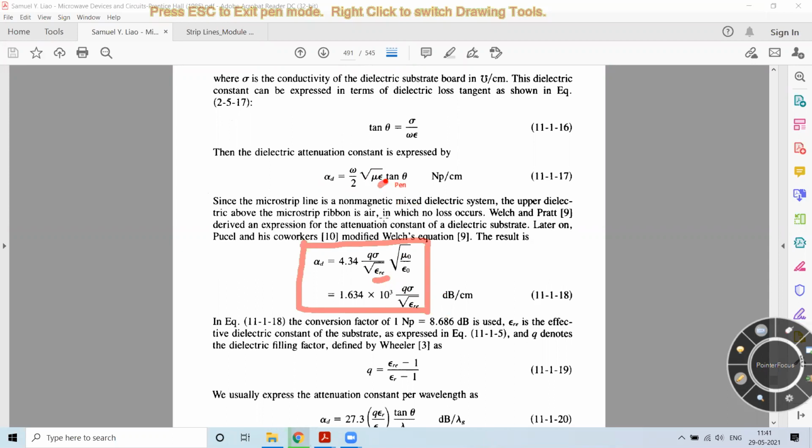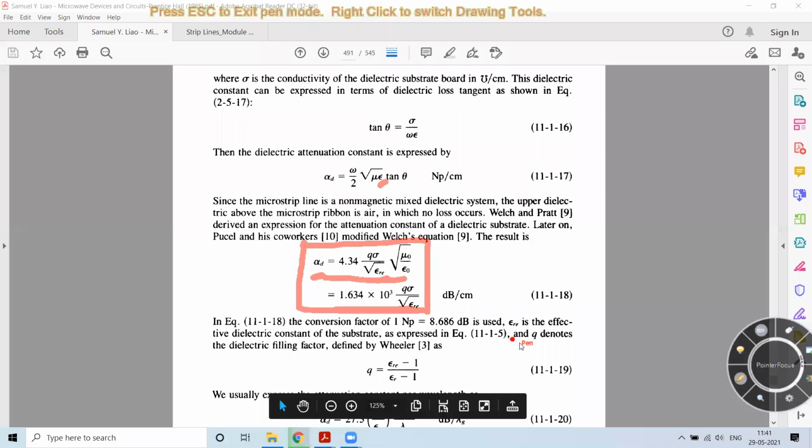Here it is just the permittivity. So when we consider this, the alpha d value, that is the dielectric loss, will be given by this equation: 4.34 into q into sigma divided by square root of epsilon re into square root of mu naught by epsilon naught. And if we further simplify this, this is the equation we'll be obtaining.